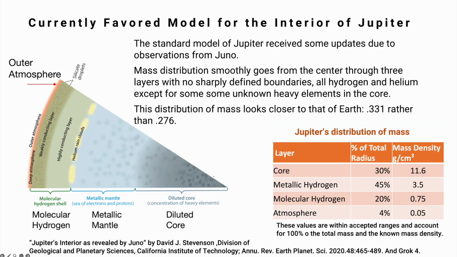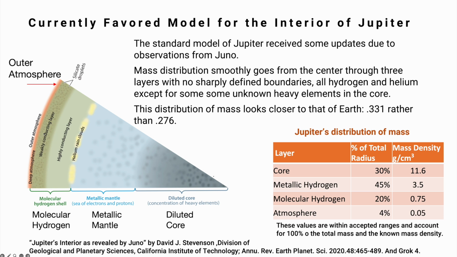So the currently favored model for the interior of Jupiter is given by this figure in David Stevenson's article on Jupiter's interior as revealed by Juno. And we see here that this orange layer outside is the outer atmosphere.